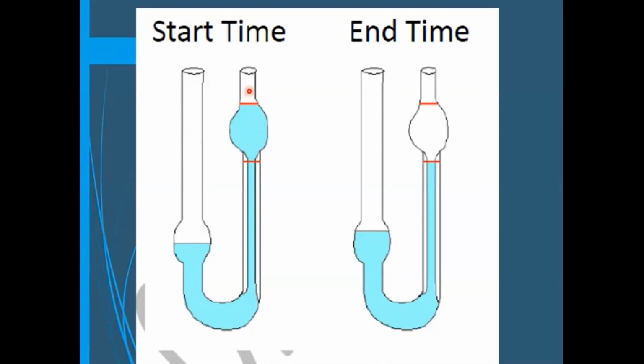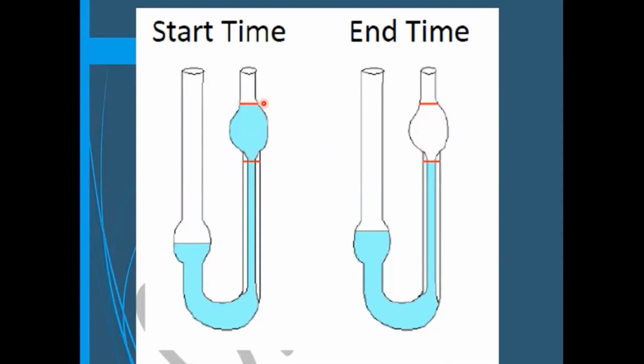Now release the air pump. What happens is the water will move down by gravity. When the water moves down, we can calculate the time of the movement of the water from point A to point B. You can see here a full bulb, and here the bulb will become empty without any solvent or solution.